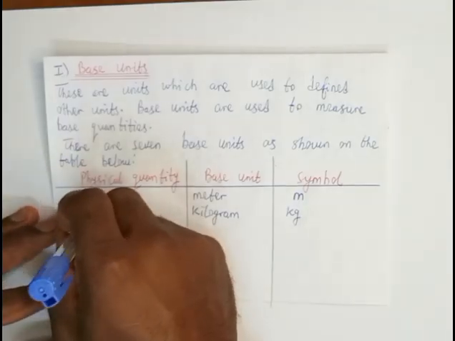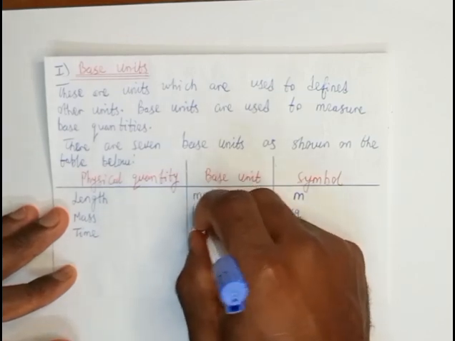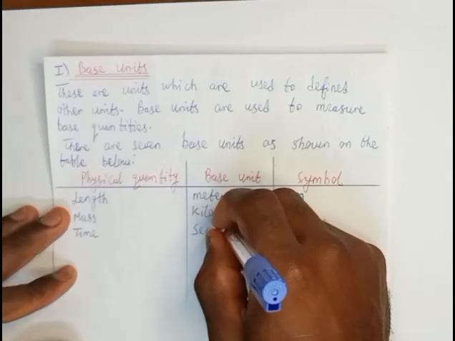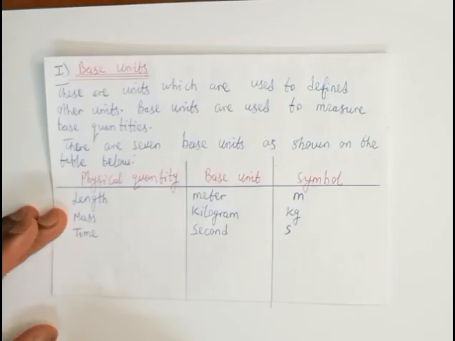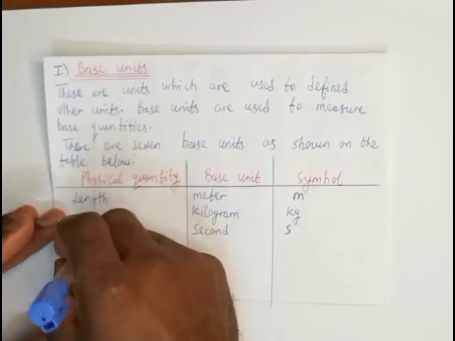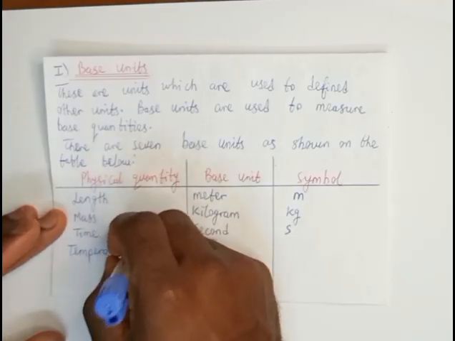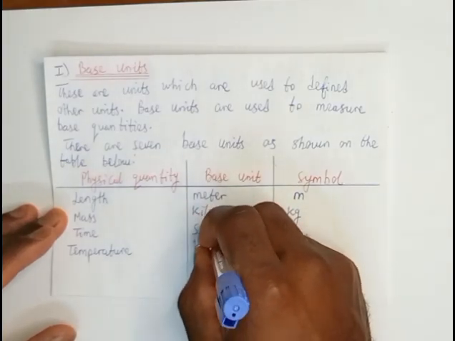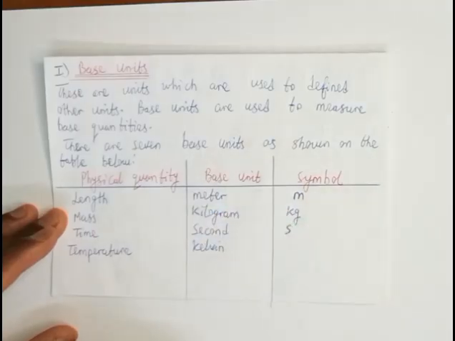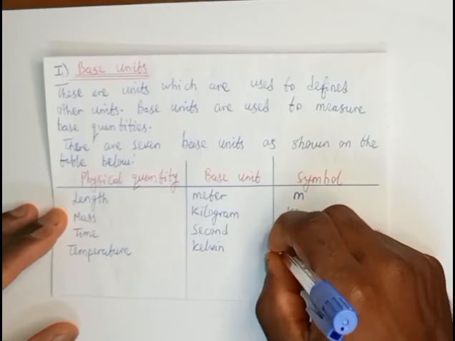The next we have time, which has a base unit second, and the symbol is lowercase s. The next we have temperature, which has a base unit Kelvin, symbol uppercase K.